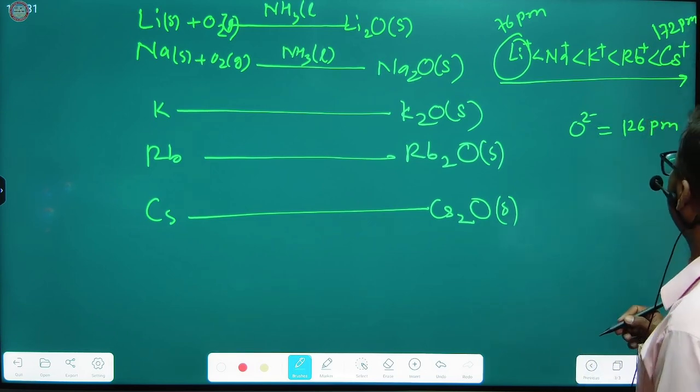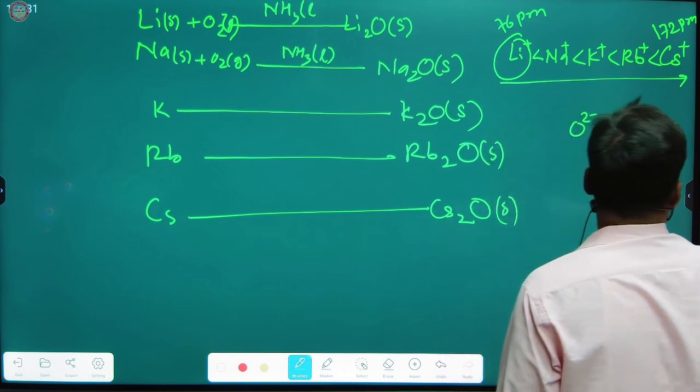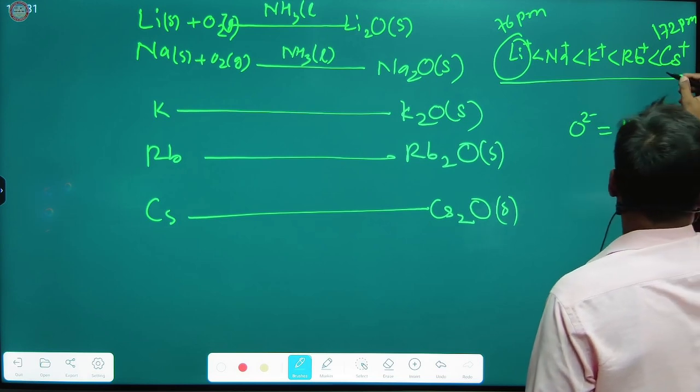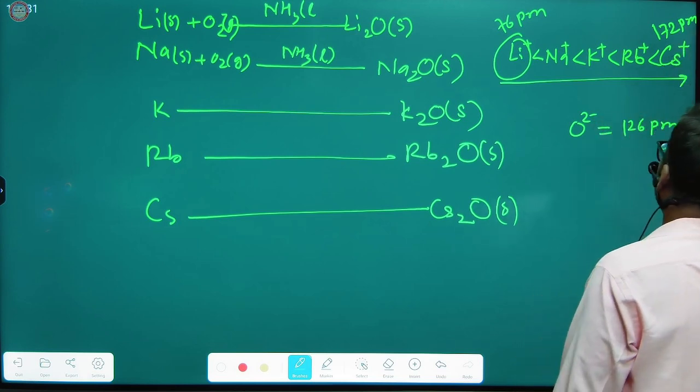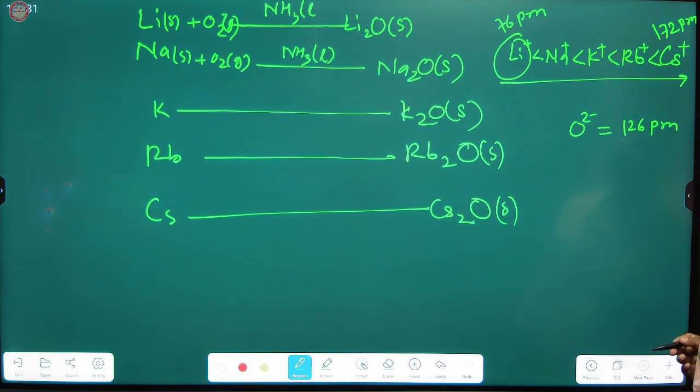It means lithium cation is smallest in size, whereas cesium cation is largest in size in the respective group 1 of the periodic table, right?